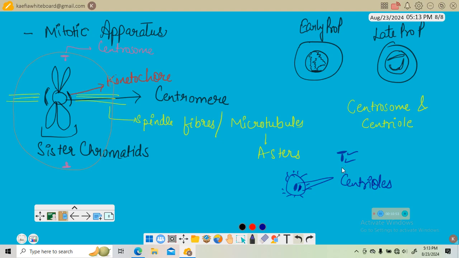So this centrosome consists of two centrioles which are placed at right angles.